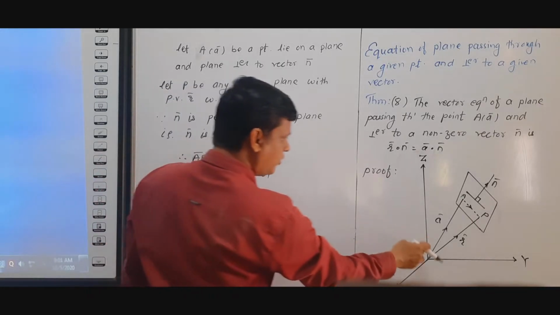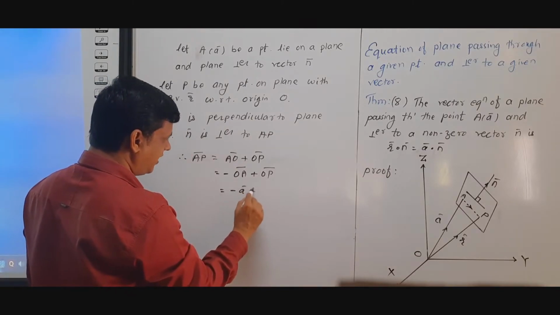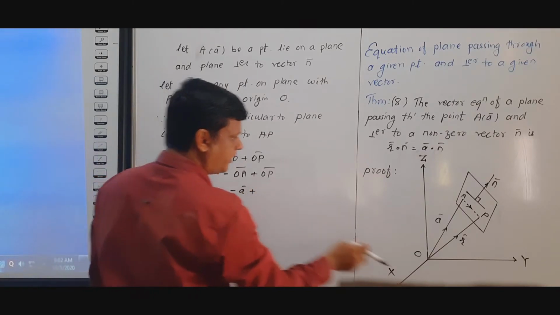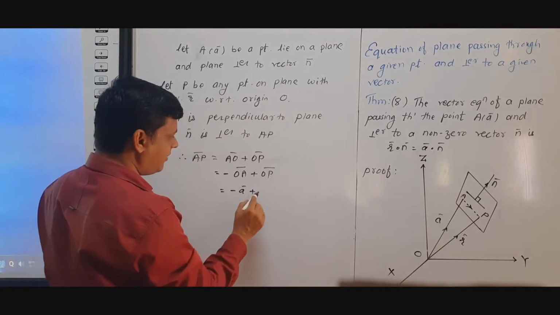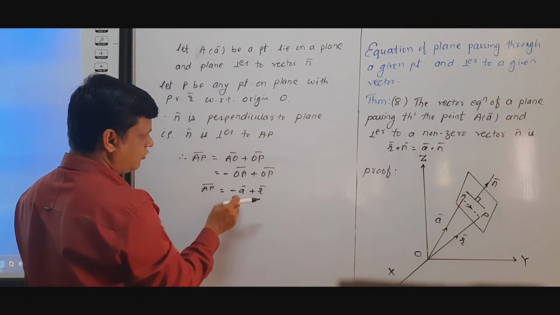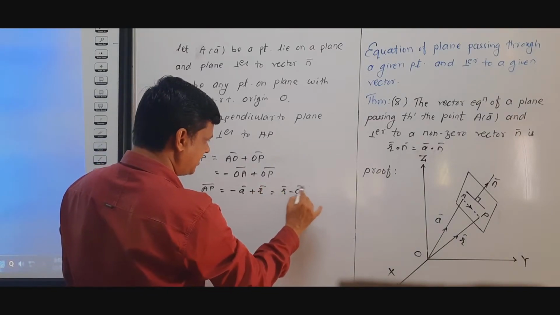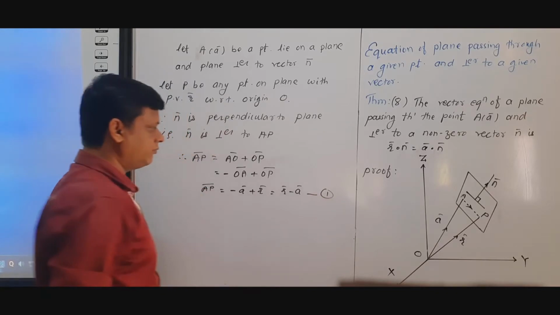The position vector OA we represent by a bar, so we write minus a bar. The position vector OP we consider as r bar. So we write vector AP is equal to minus a bar plus r bar, or we can write r bar minus a bar. So denote this as equation number 1.